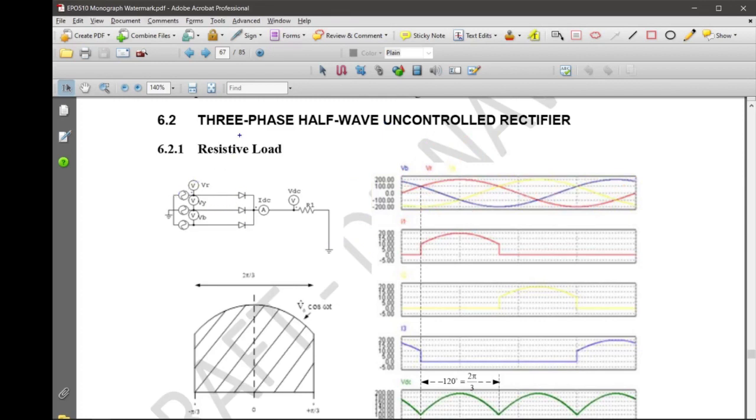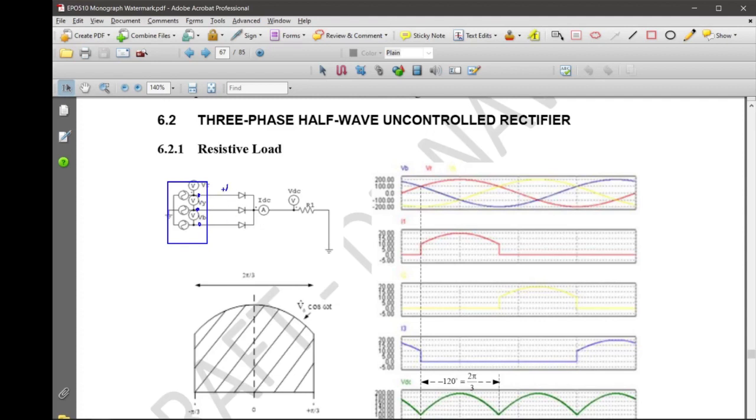This is known as a half-wave uncontrolled rectifier because we use the diode, and then it is connected to a three-phase supply, and the anode of each of these diodes will be connected to the positive polarity of your supply voltage.